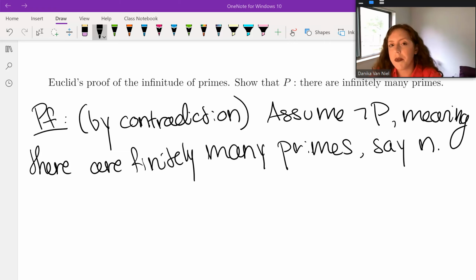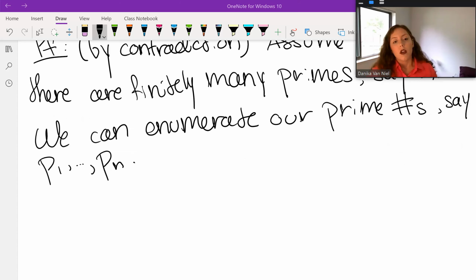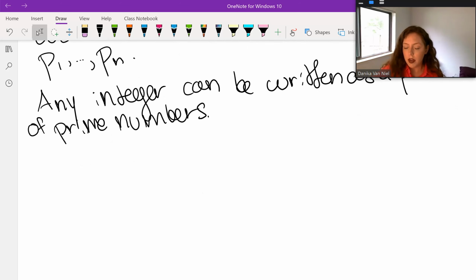So an advantage that we have for finite numbers, we can actually count them, right? So let's enumerate or number our primes. Next, I'm going to use the fact that any integer can be written as a product of primes. Then I'm going to consider just some number.